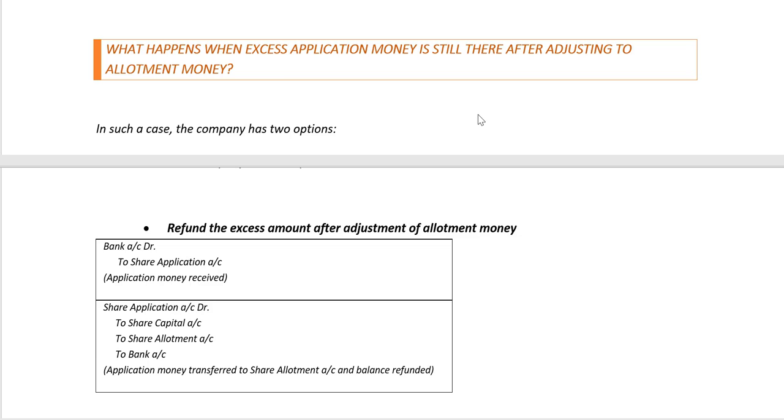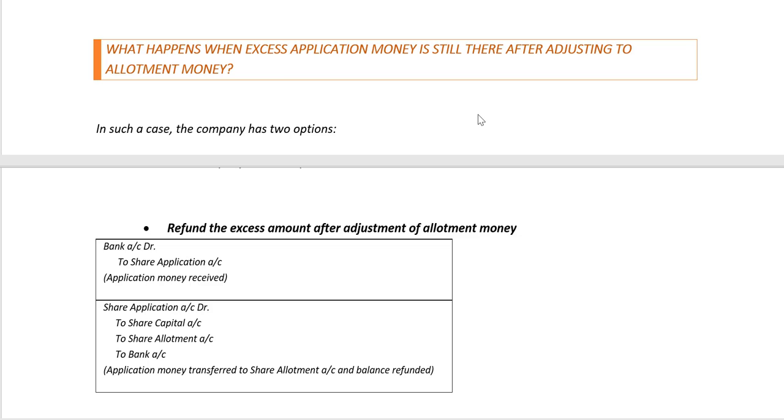Now, the company has two options. We will learn the first option first. The first option is, after adjusting towards the allotment money, the balance will be refunded.